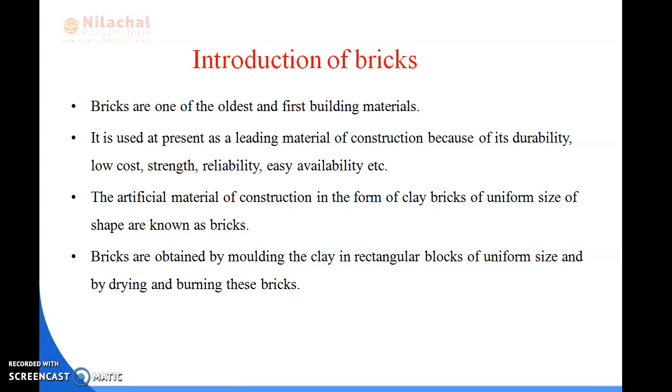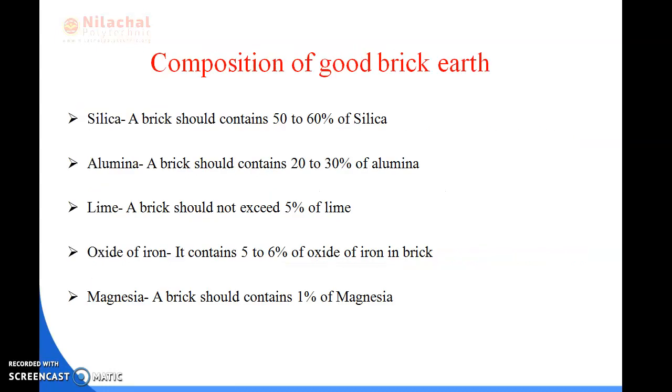Next we read about the compositions of good brick earth. There are 5 compositions, or we can say 5 constituents of good brick earth: silica, alumina, lime, oxide of iron and magnesia. A brick contains 50 to 60% of silica, and 20 to 30% of alumina.